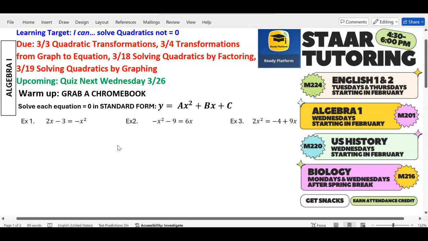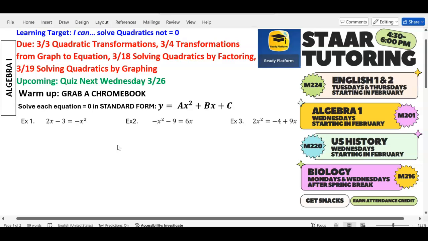And today, the only thing that would prevent you from plugging the equation into the Desmos calculator is if it looks like these examples. I want you to look at these examples. Do you see how they're not y equals, they're not f of x equals, and they're not equal to 0? They got stuff on both sides, okay? If you see something like this, you have to do a few steps to get it equal to 0.